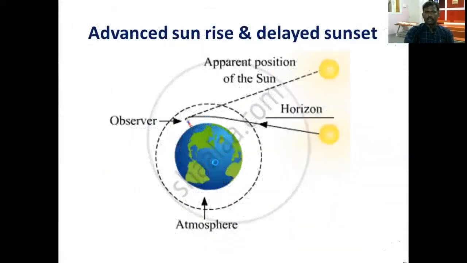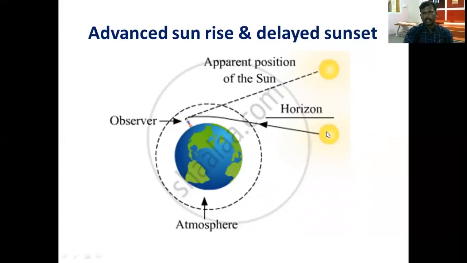And next one is the advanced sunrise and delayed sunset. When the sun is above the horizontal line, at that time only we receive the light rays from the sun. But at sunrise, 2 minutes before, we can receive the sunlight.